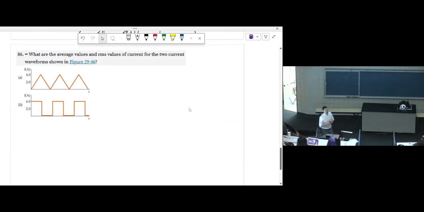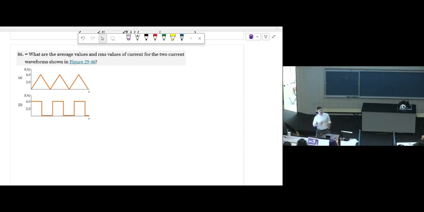This is more pertinent to what we discussed last time, when we first introduced the idea of RMS currents. I didn't see this problem when I was selecting problems for our set for last time, so I thought this is a good problem to work. Because I told you, if you do the integral over the period, then you end up getting the average current.